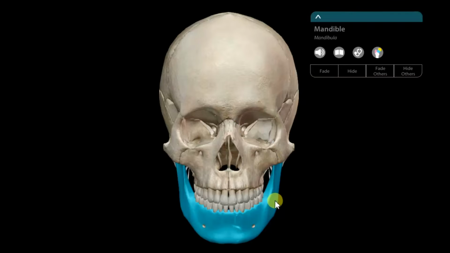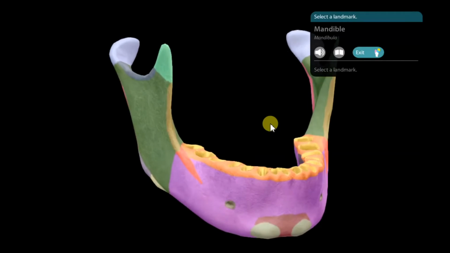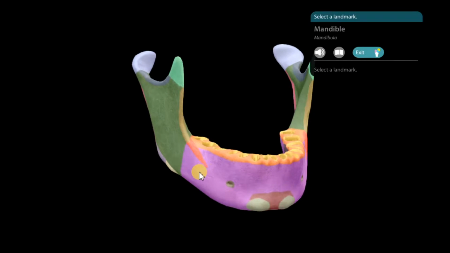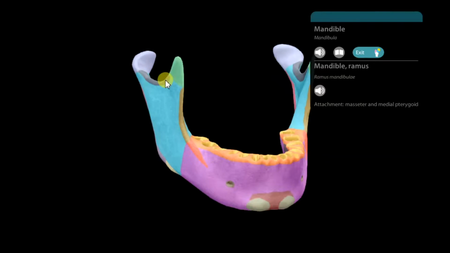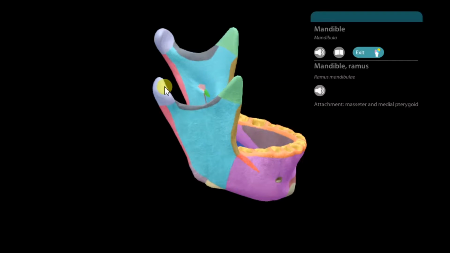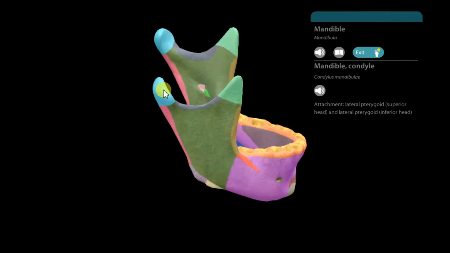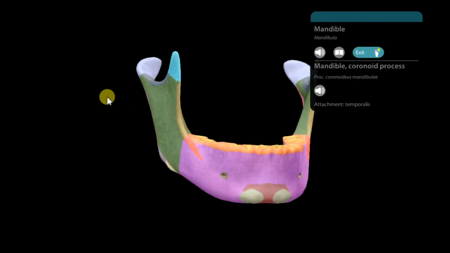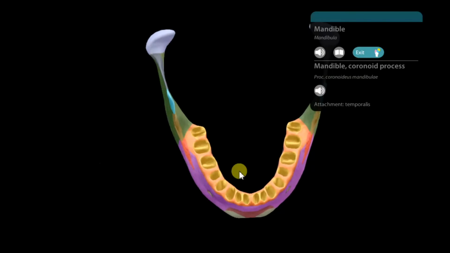Let's start speaking now about the mandible. The mandible, as we see, has the body and the ramus. In the upper part, we call it the condyle, where it articulates with the mandibular fossa and the temporal bone. And this one is called the coronoid process, where the temporalis muscle attaches.